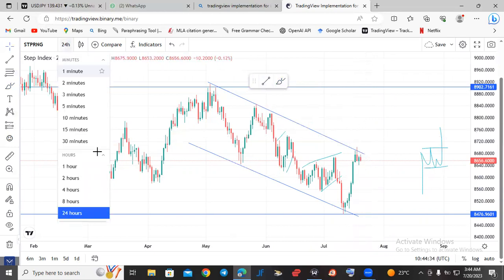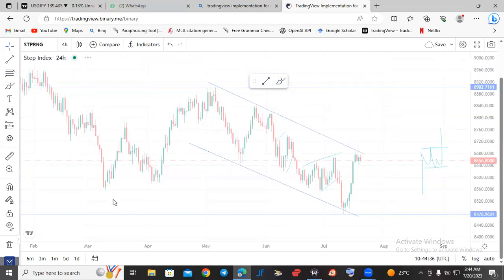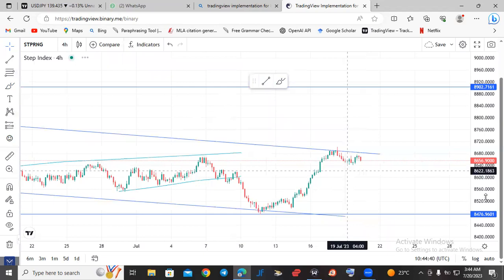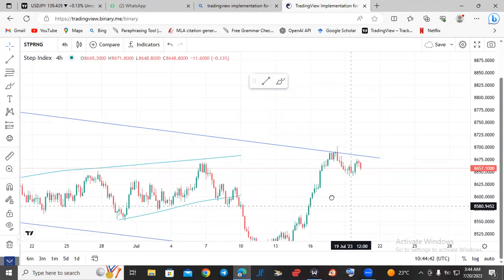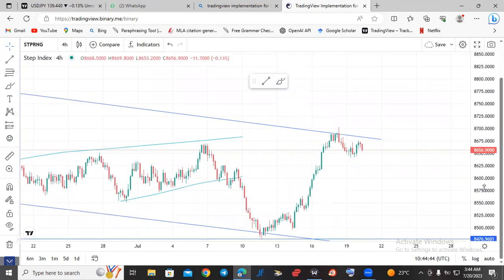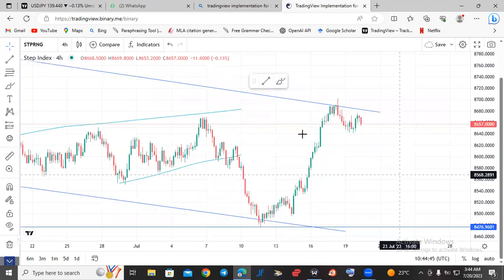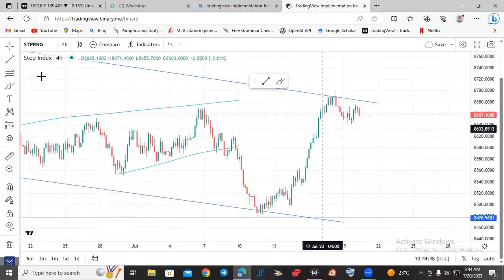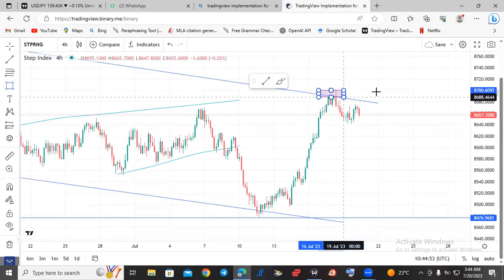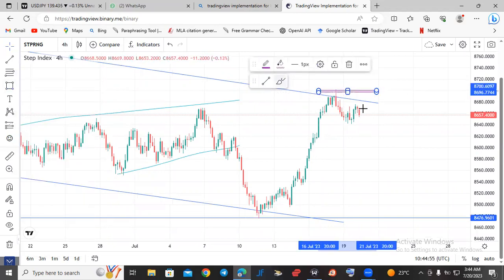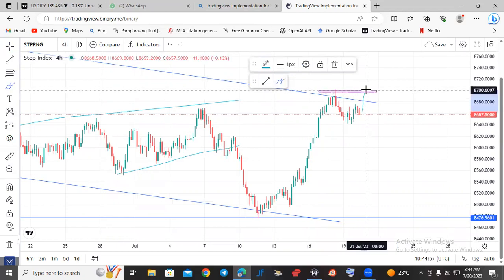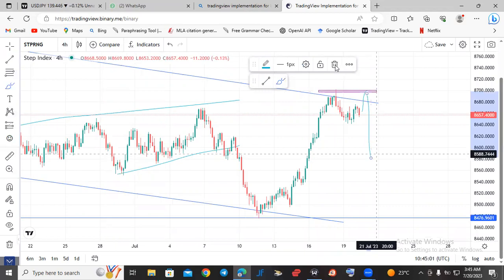So let's go to the 4-hour time frame. On the 4-hour time frame, you can see the market is kind of dropping, but this was still a very strong impulsive move. If the market had hit this resistance and given us a double top, we could have anticipated that drop.